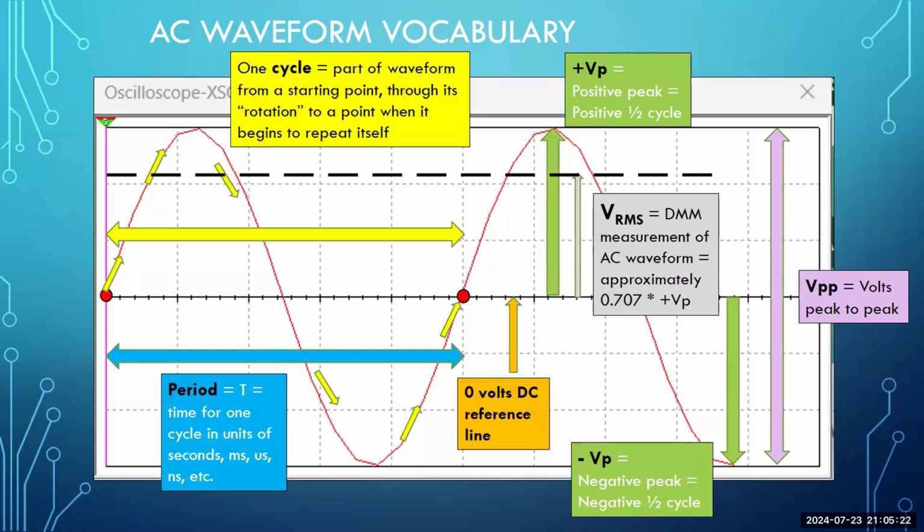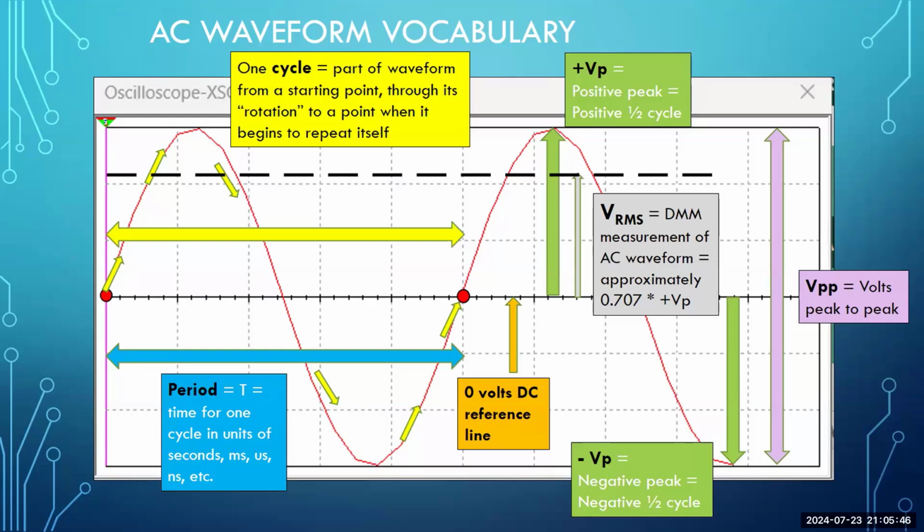And then from that, the waveform in red rotates back up like a roller coaster going back up. And when it hits the 0 volts reference line, that's when the waveform will begin to repeat itself. And that is the point where we end the naming of that piece of the waveform as one cycle.